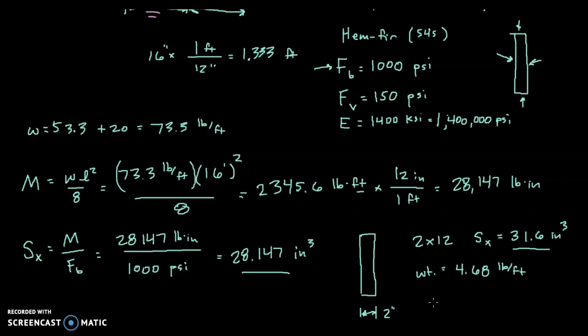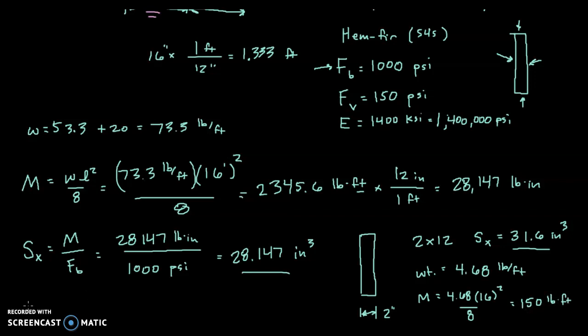So it would be a good idea to calculate how much additional section modulus we need to accommodate this self-weight. First we have to find the moment. The moment is WL squared over 8, so that's going to be 4.68 times our span length of 16 feet squared, divided by 8, and that is approximately 150 pound-feet.